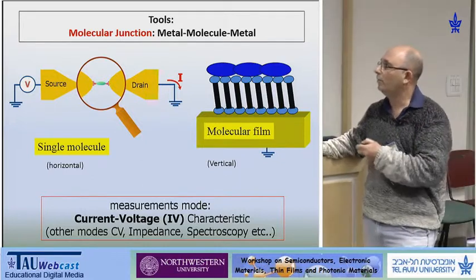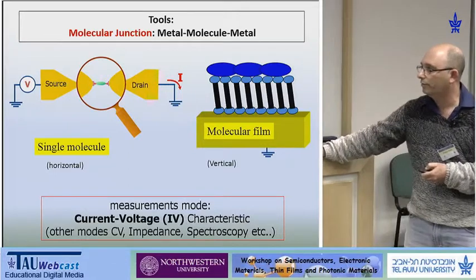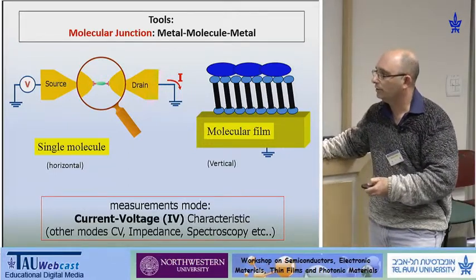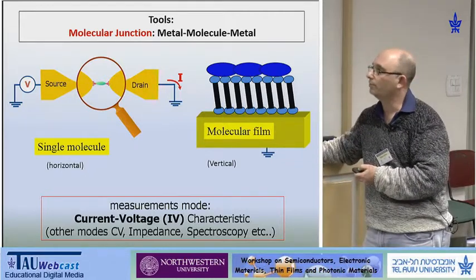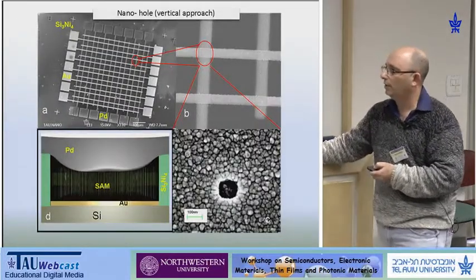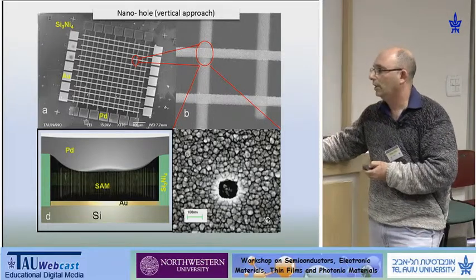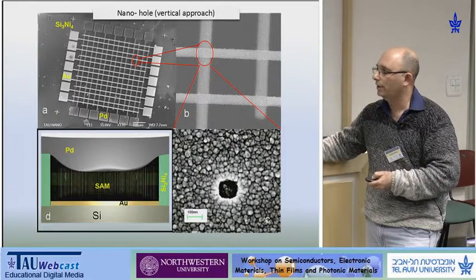And then when we have this device, we can measure it by means of current versus voltage characteristics, capacitance, impedance, etc. I will show you just the IV characteristics and try to explain what we can learn out of it. So what we did many years ago was to introduce a reproducible method in which we have a self-assembled monolayer, which is defined between these two contacts.